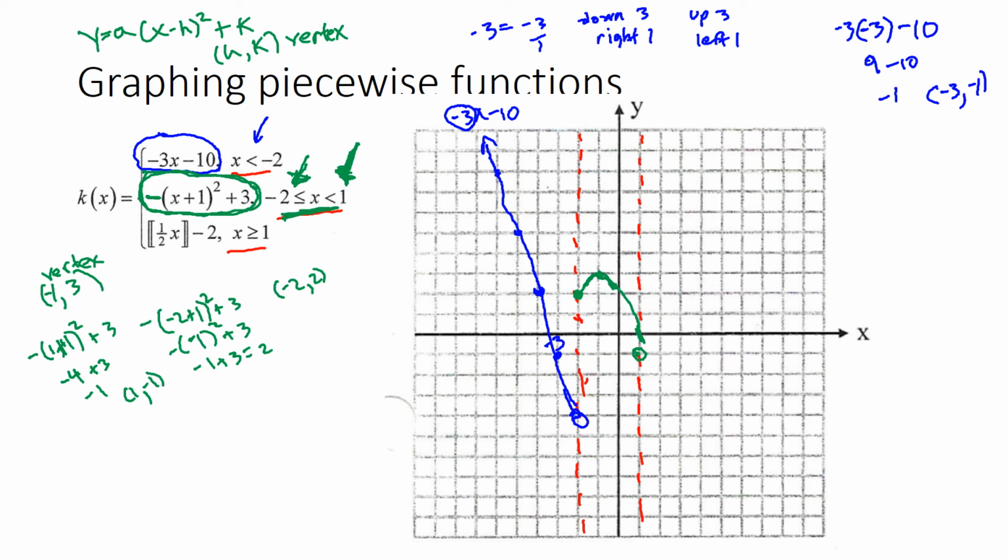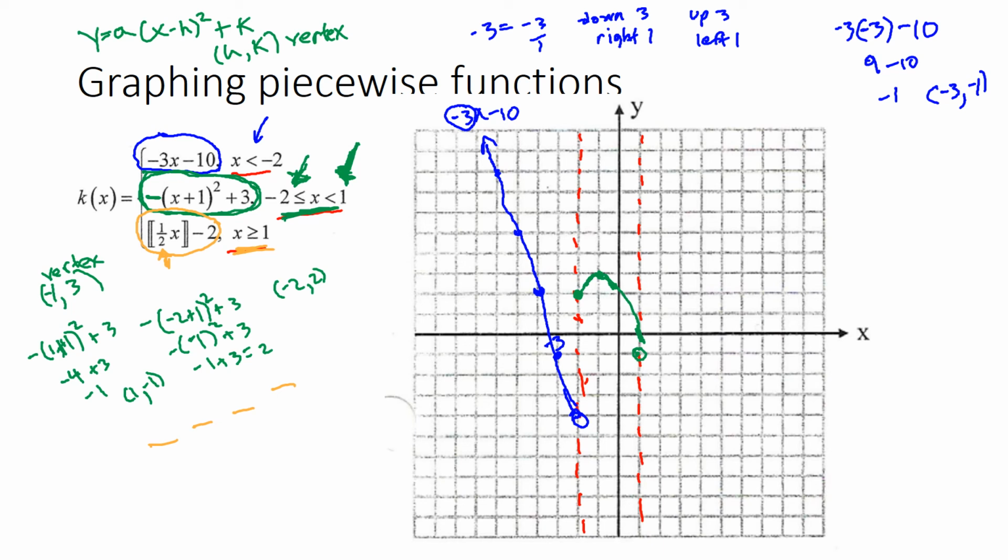Now let's evaluate the last part, which is going to include our step function. And this is the part that's to the right of 1. So we know that the step function is going to look something like this. We know that the 1/2 is going to cause a horizontal stretch by a factor of 2.